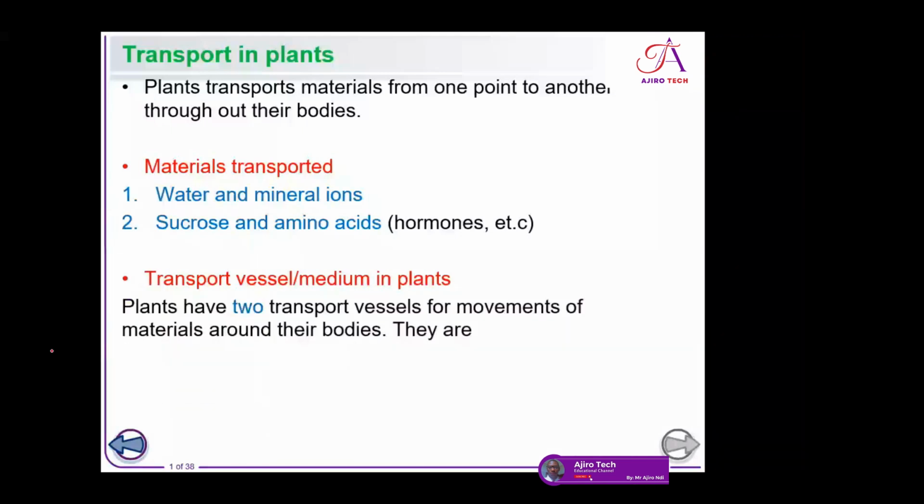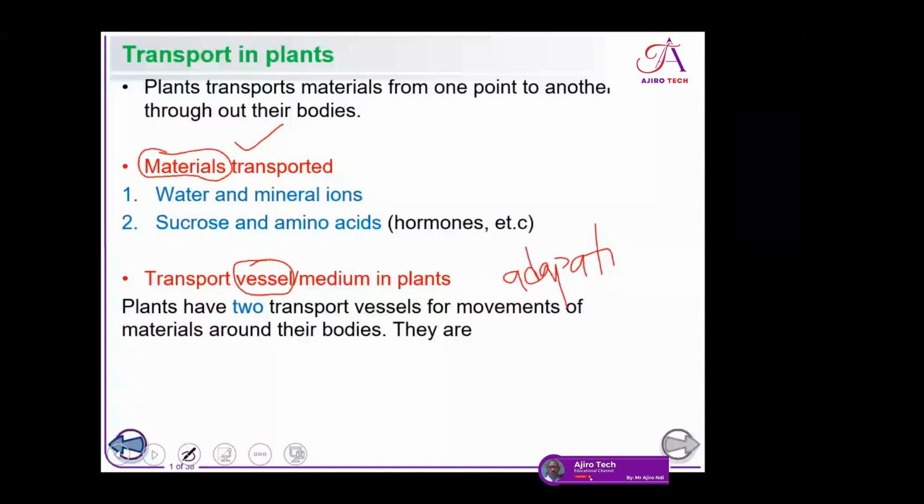Although we've mentioned some of it briefly as we were talking about photosynthesis, we'll look at the materials transported, the vessels or the medium for transport in plants, and the adaptations for their functions.